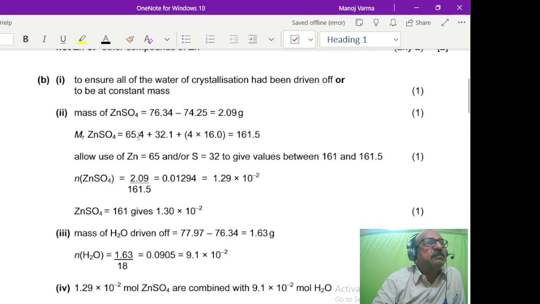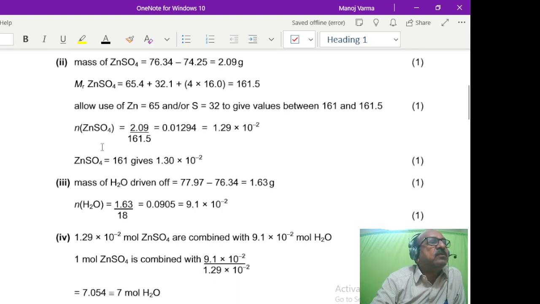For zinc it is 65.4, sulfur is 32.1, 4 times oxygen, add, and this is the MR of zinc sulfate, right? So if you don't take 65.4, you could even take 65 or 32, right? Then you may get this value 161, that is also acceptable.